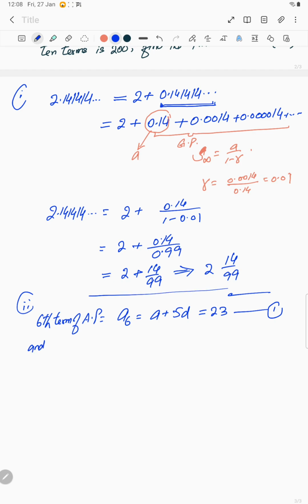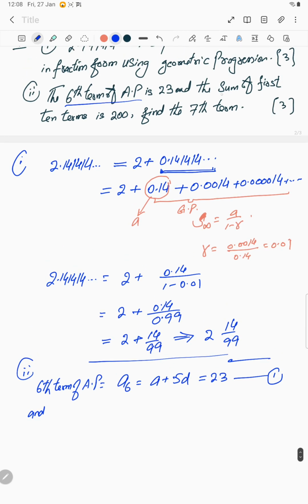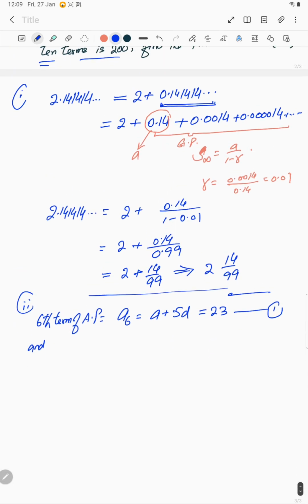You are also given the sum of the first 10 terms. It means S10, that is by formula 10 by 2 times 2a plus 10 minus 1, that is 9d, given to be 200. So after simplifying we get this.